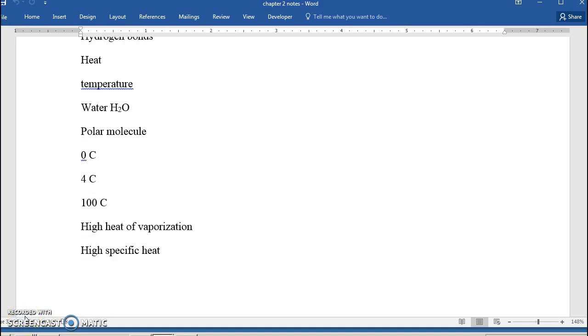Heat is a type of kinetic energy that can be transferred from one substance to another, generally from one that has a higher temperature to one that has a lower temperature. Temperature is a means of measuring the amount of heat, and in a sense you're measuring the amount of kinetic energy.